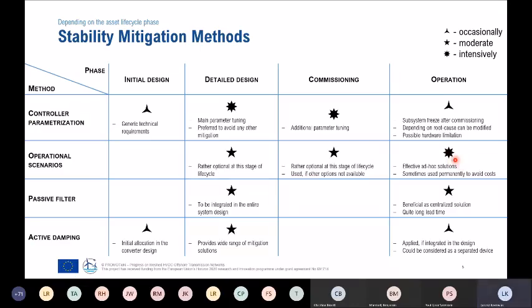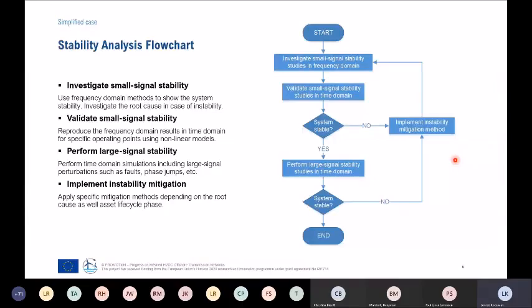Here is the proposal of a quite simple flowchart. What are the main steps in order to assure the multi-frequency stability of converter-based power systems? So definitely a small signal frequency domain approach at the very beginning, because it would allow, in quite an effective manner, to screen almost the entire, even if not entire, range of different scenarios by means of sensitivity studies and topology changes, and have a quite good map or landscape of potential instability places.